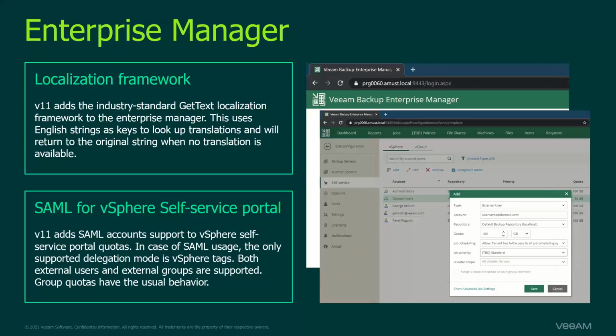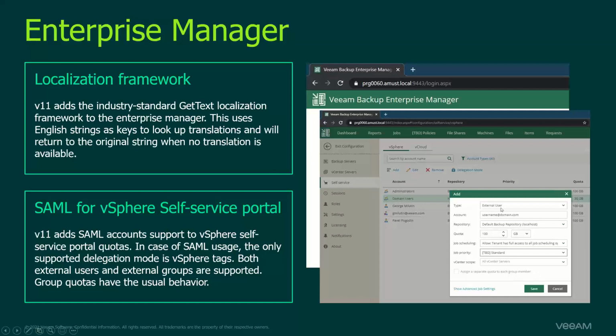The second one is SAML for the vSphere self-service portal. Initially, this feature was developed for enterprises, and we saw that there is huge traction among our service providers who don't use VMware Cloud Director, but still want to give self-service to their customers. Before that, we only allowed domain-joined vCenter and domain users to be added as self-service users.